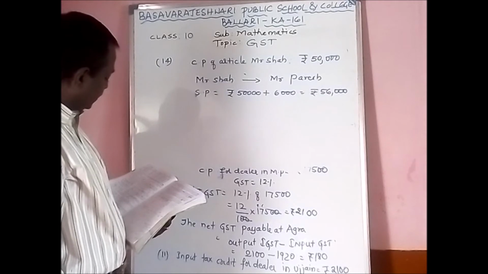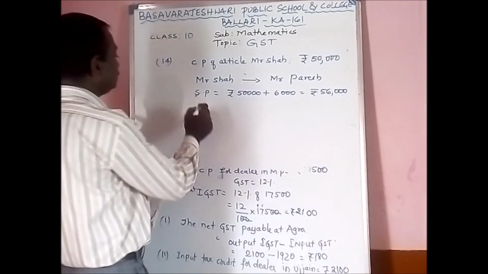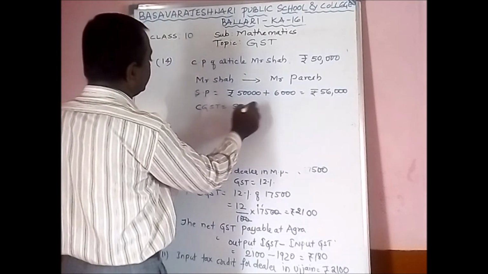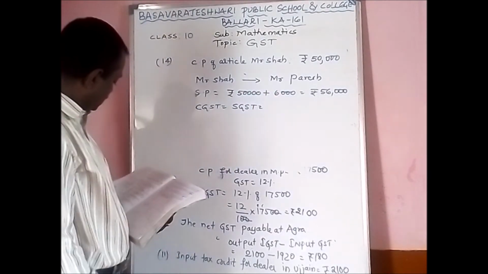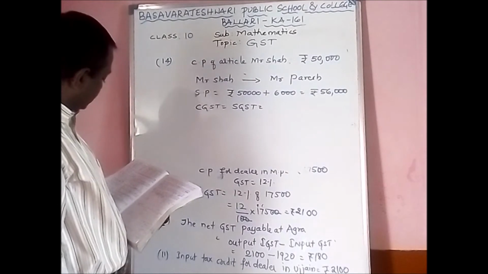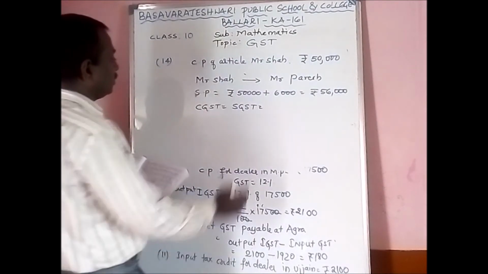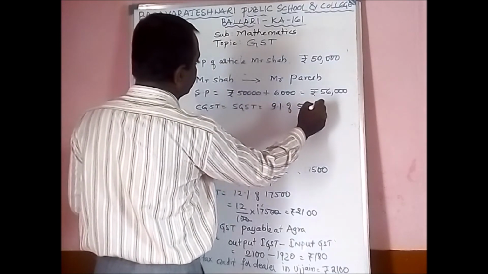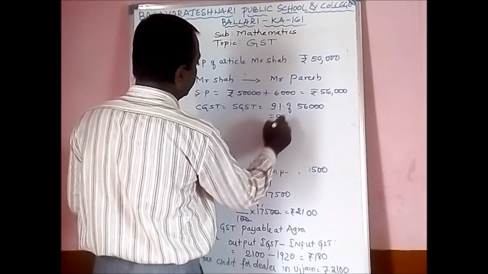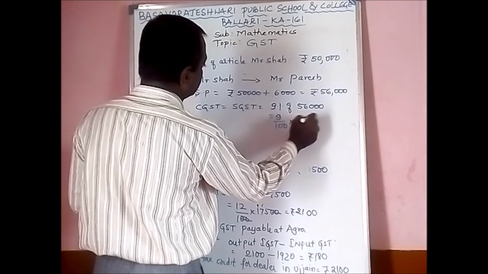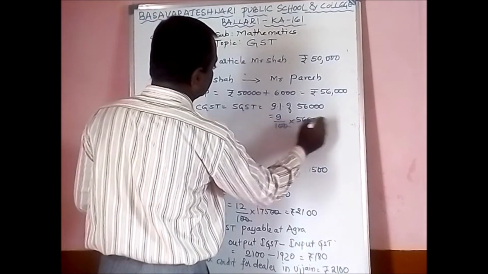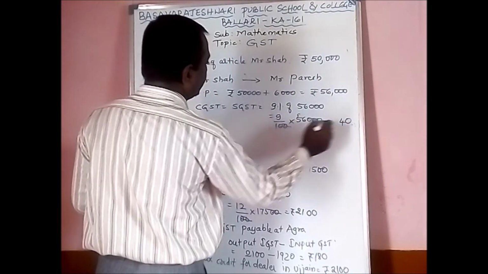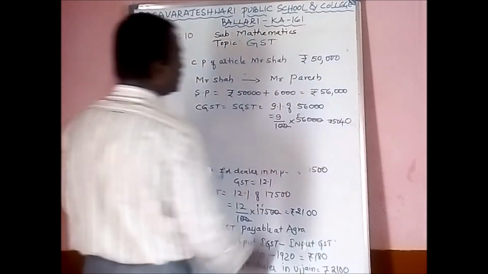Okay. Now we have to calculate the CGST and SGST for this. CGST is equal to SGST. So what is the GST? They are giving 18%. So therefore 9% of 56,000. 9 by 100 into 56,000. 2 zeros cancel. 9 times 56 is 504, so 5,040 rupees.